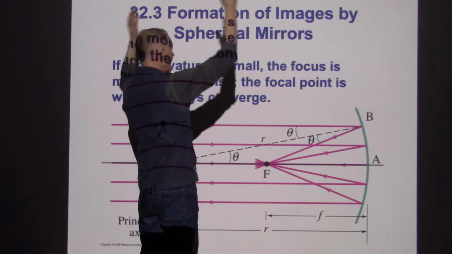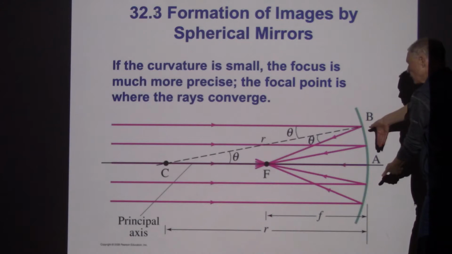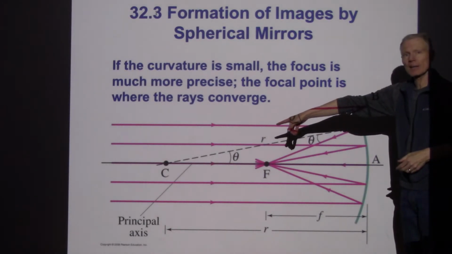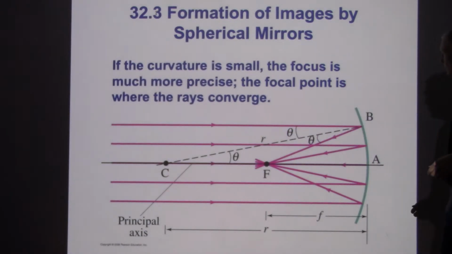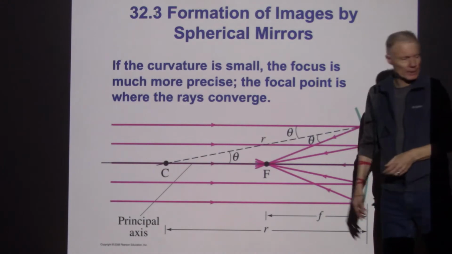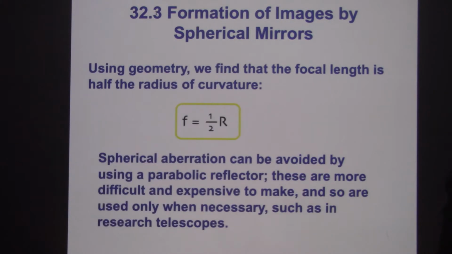The mirror is not an enclosed sphere, it's just a portion of a spherical surface with point C as the center of that curvature. So what we find, when we do some geometry here, is that in the small angle approximation, the focal length is equal to 1/2 the radius of curvature.